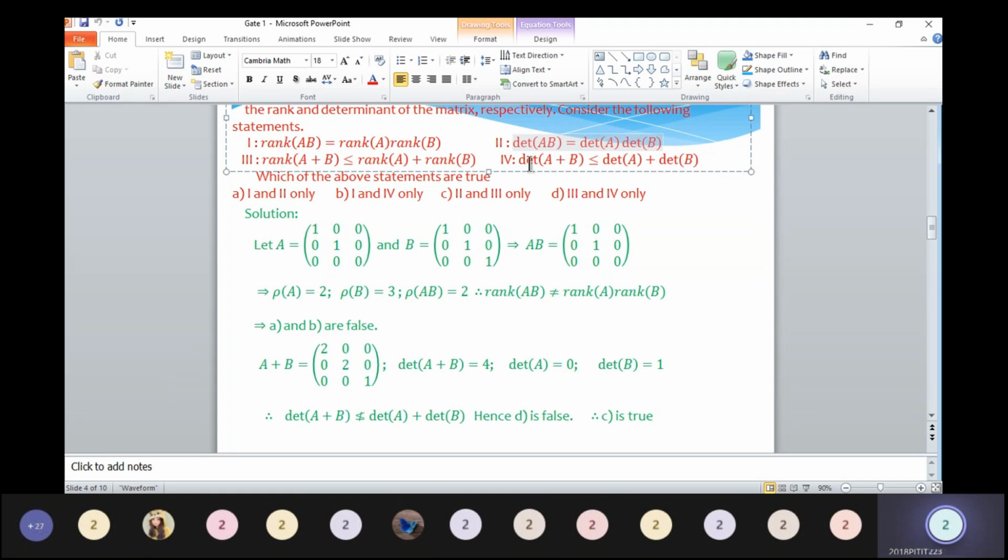Second is false means A and C are false. Therefore, B and D must be true. So from this, 4 is definitely true. So I have to check 1 and 3. If 1 is false, I will say D is the correct answer. If 3 is false, I will say B is true.